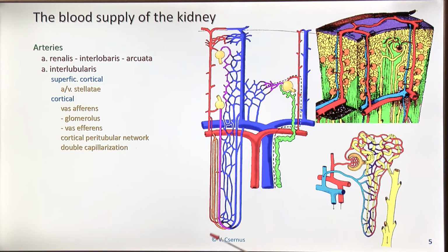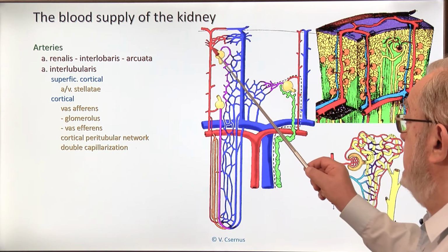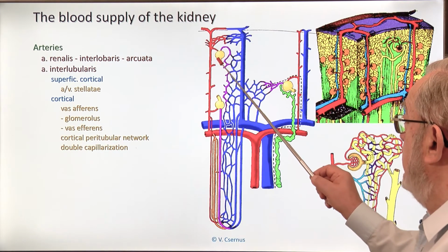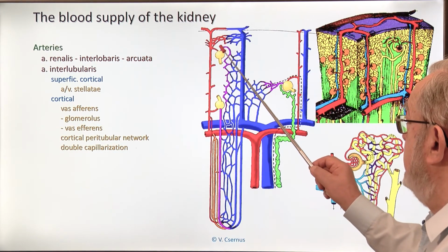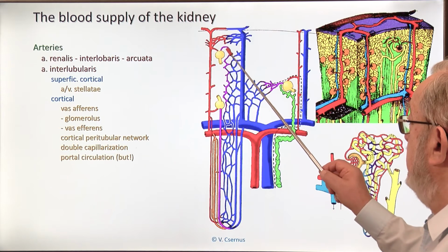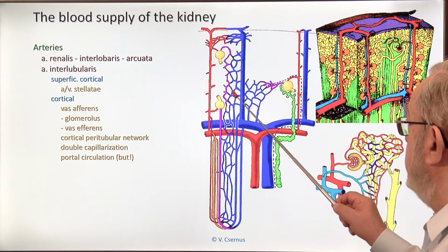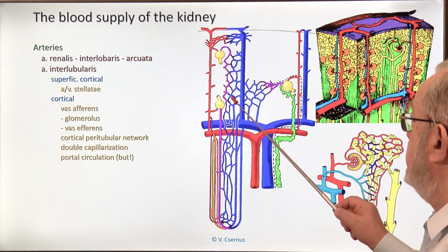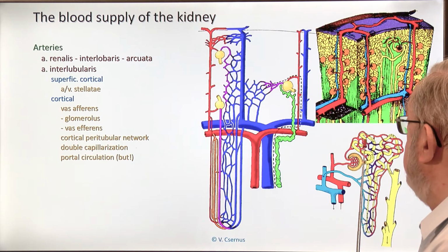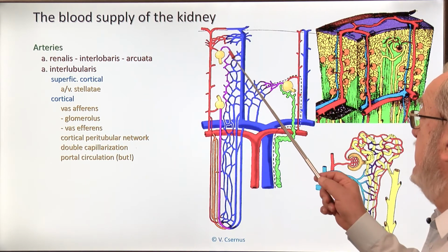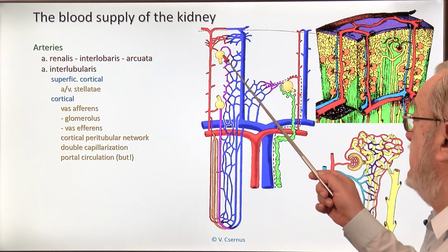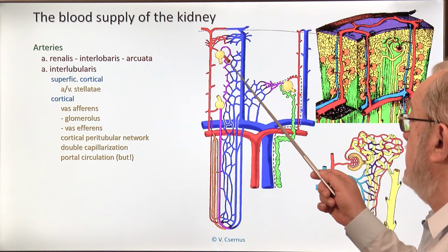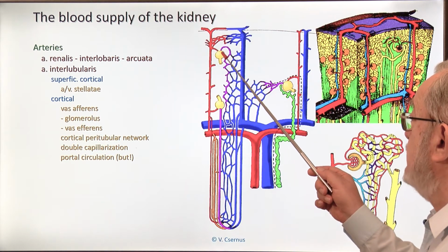This is, as you notice, a double capillarization. First, the glomerulus between the vas afferens and efferens, and then we have a second capillarization of the same artery around the tubules. One of the important things to remember is that in the glomerulus we still have high pressure blood.